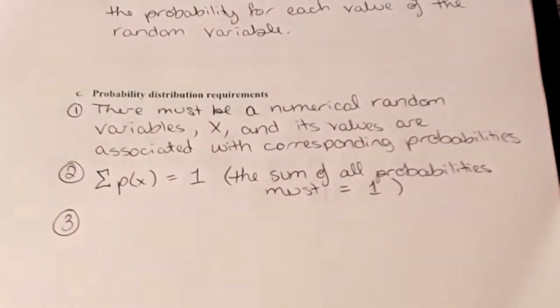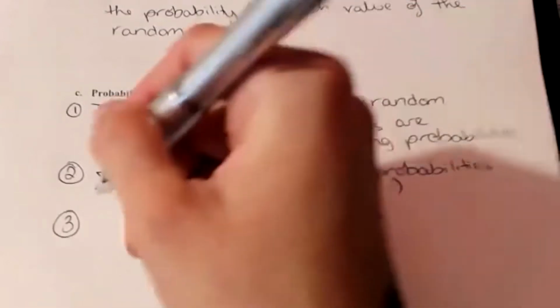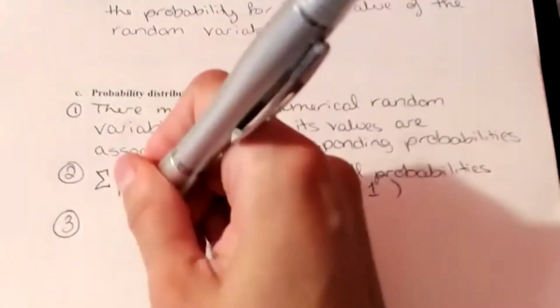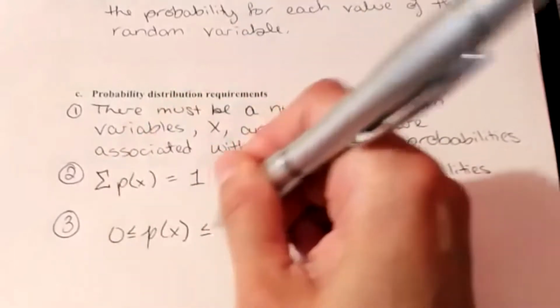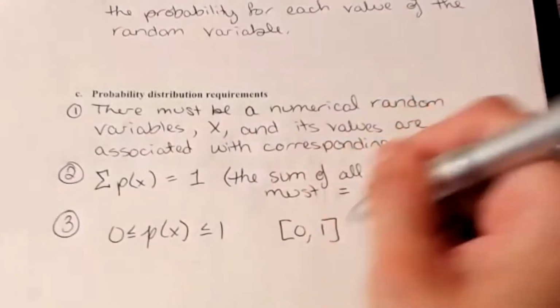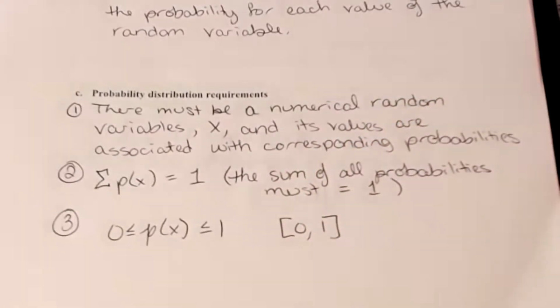And then number 3, we also have to keep in mind that probability, whatever your probability value is, must sit between 0 and 1 inclusive, right? Probability can take on any value between 0 and 1 and including 0 and 1.